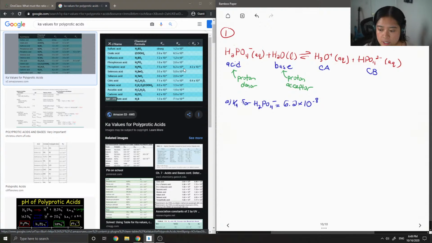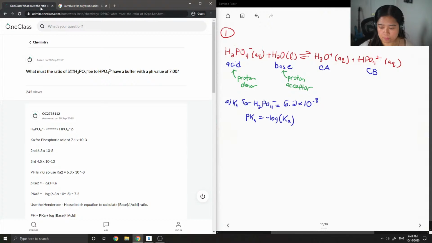Okay, so after that, we can now calculate the pKa. To do that, it's just going to be the negative log of our Ka value. So let's just plug the values in.